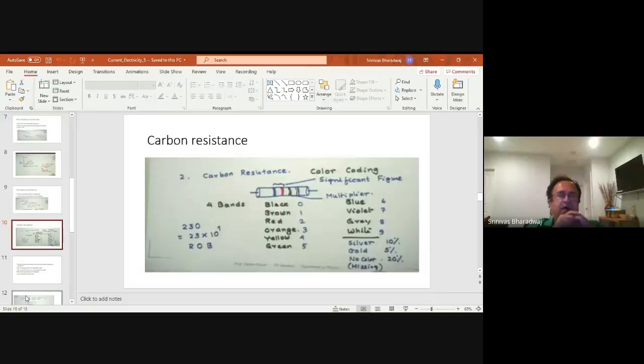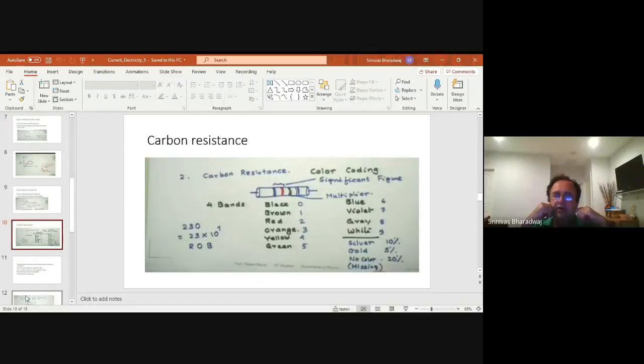Okay, so now I'll quickly go over carbon resistance, but I am going to ask you to take a look at it. There are color codes on a resistor. A resistor is a small device connected with metal terminals on either side.